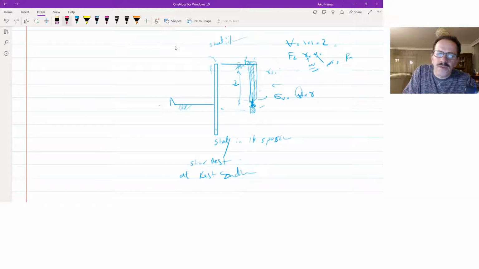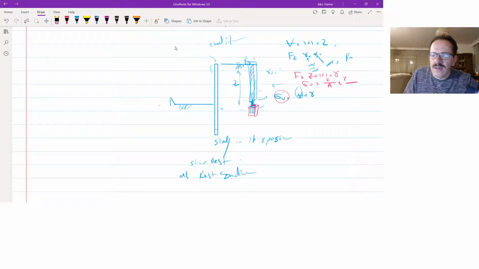Now back to the meaning of pressure. The pressure is equal to the force divided by the area, where the force is equal to gamma V, which is Z times 1 times gamma. So sigma vertical is equal to the force divided by the area of that element.